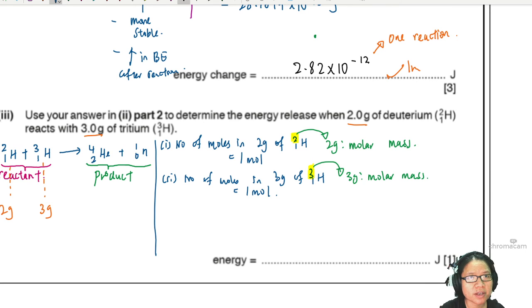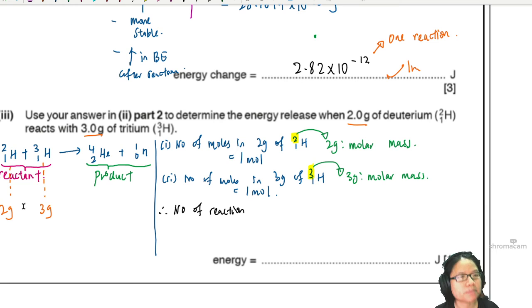Okay, so you can then say hence the number of reactions taking place. For a single reaction, we need 1 tritium and 1 deuterium.